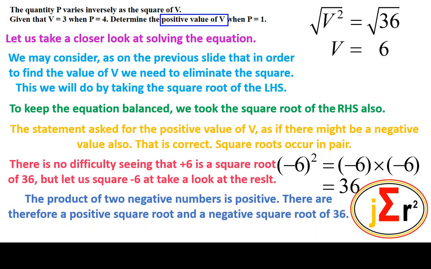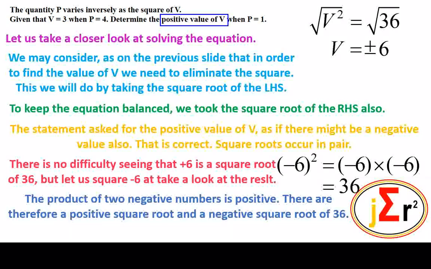The product of two negative numbers is positive. There are, therefore, a positive square root and a negative square root of 36. Every number that has a square root will have two square roots. One a positive and the other a negative, as we have seen.